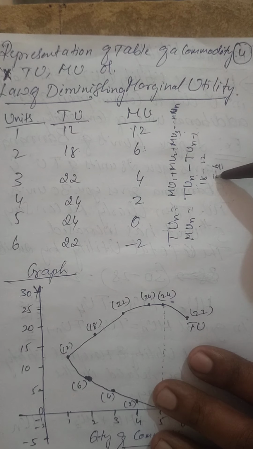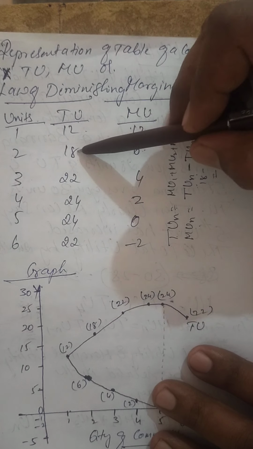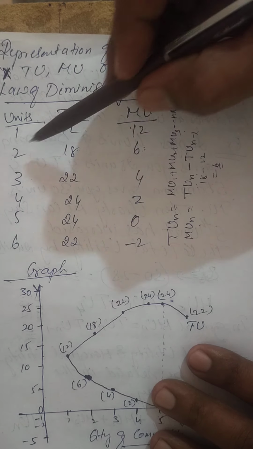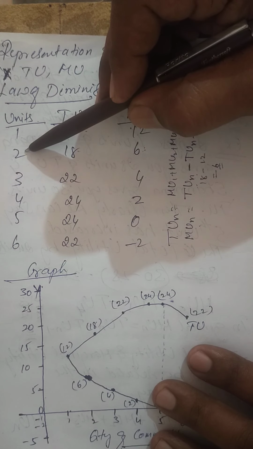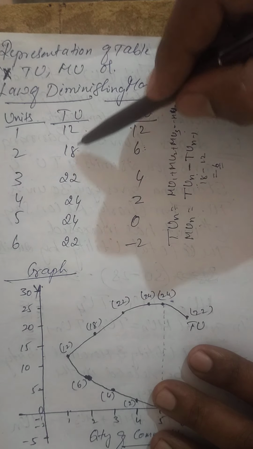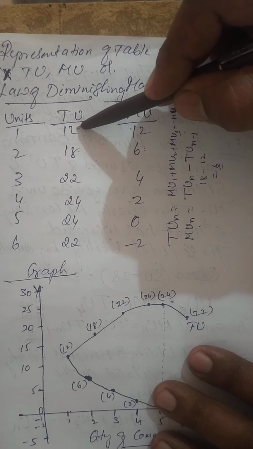Here also, same thing with an example we are speaking. See, TUN is 18 here. Now for example, we have to find out the MU of the second unit, which is equal to TUN, which is 18, minus TUN minus 1, which is 12.